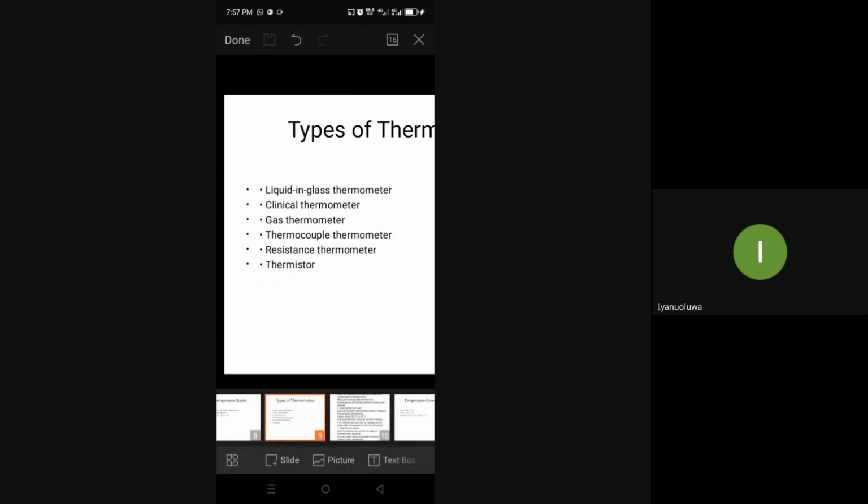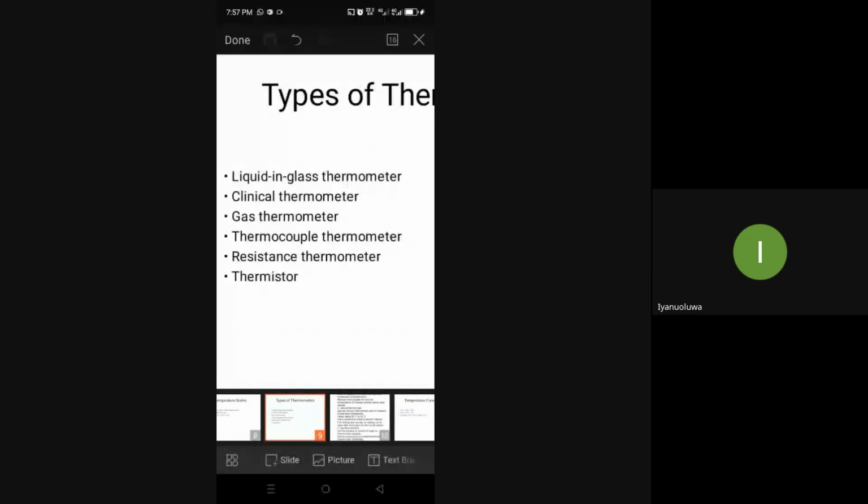Sir, please, what's the thermistor? Thermistor is used to measure resistance. You know what a resistor is, right? Yes, sir. What's a resistor?